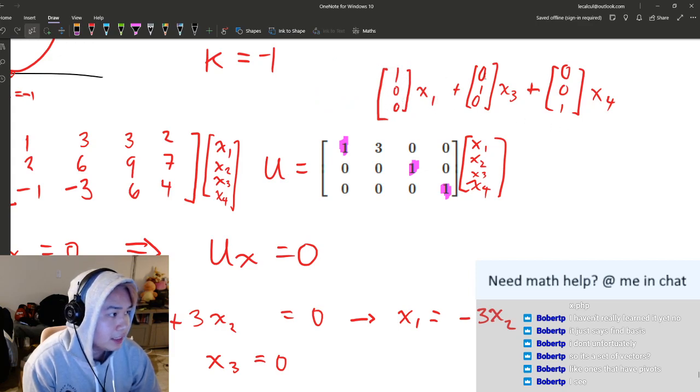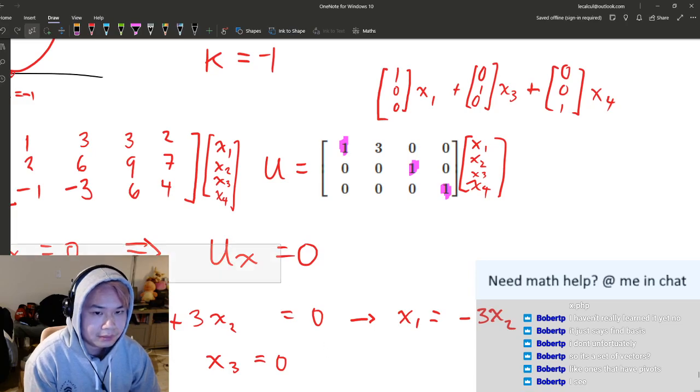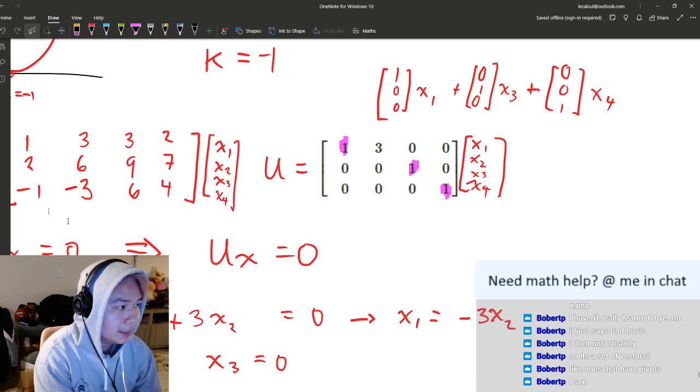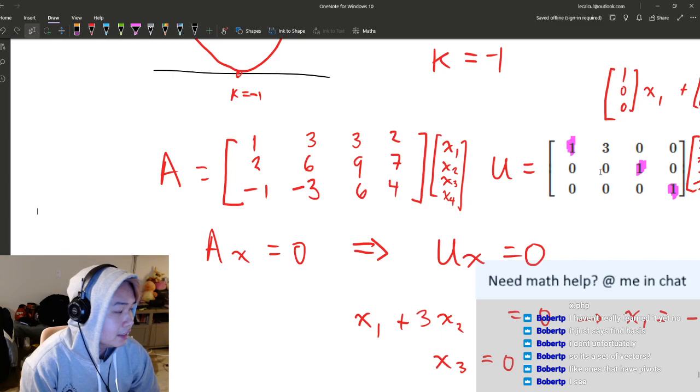So the first vector, the third column vector, and the fourth column vector are the basis of this particular matrix. So that's why you can go back and say with the original numbers what the basis are. You can also say that these are the basis.